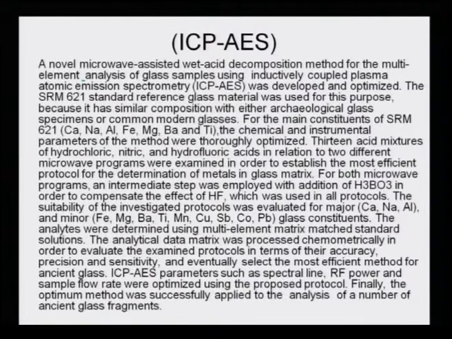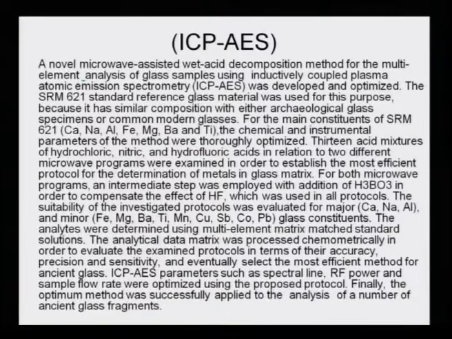So, there was some permutation and combination in the method that was developed, and the best method that gave the best analytical data in terms of its chemometric manipulation was the one used for analysis of the ancient glass samples, or the archaeological samples.